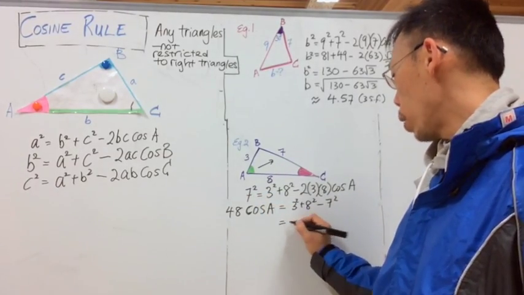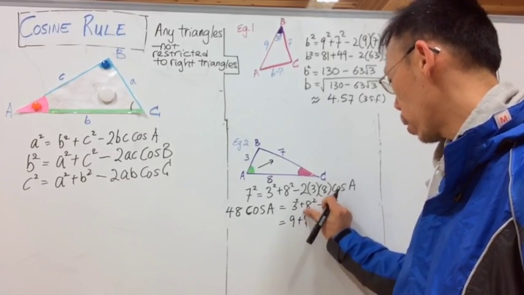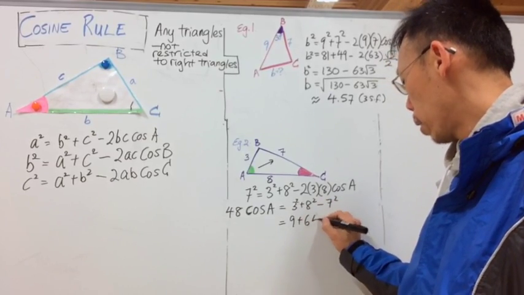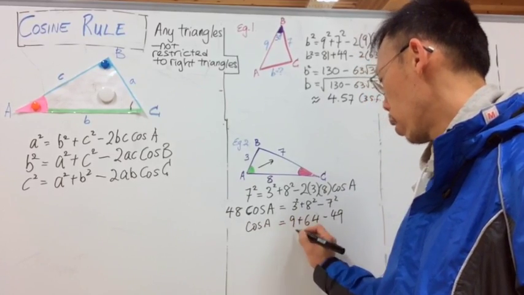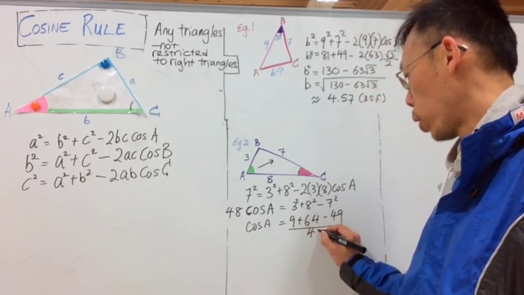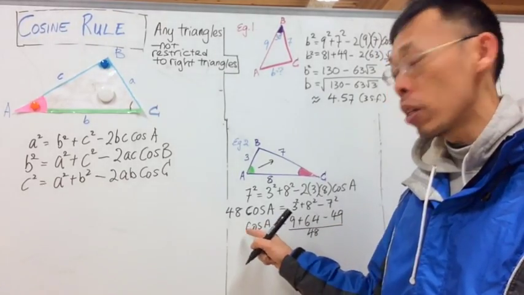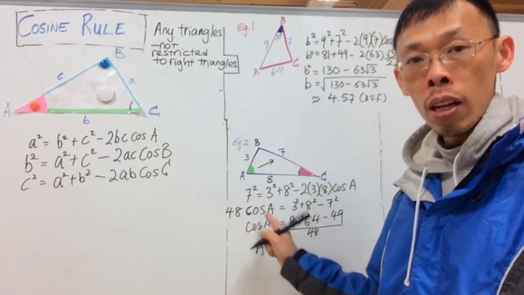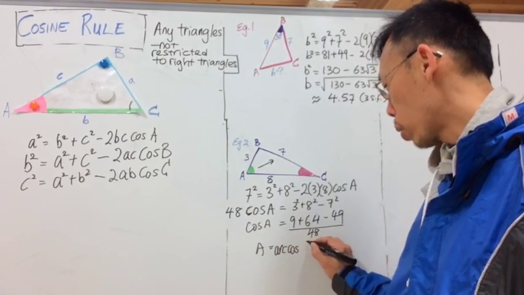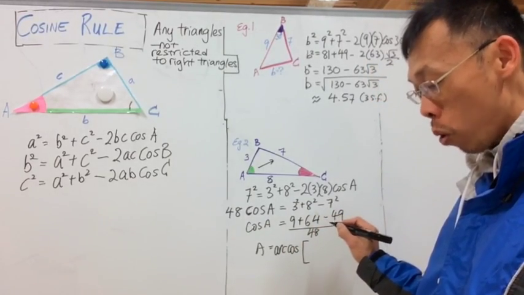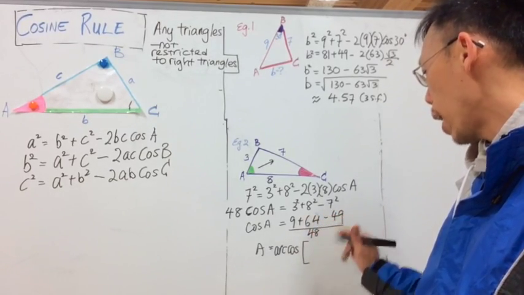After rearranging, I can calculate this. 9 plus 64 minus 49 is 24, and 24 over 48 is half. And similarly, because I need to find A, I need to inverse this particular operation cosine. So I need to use arc cosine.